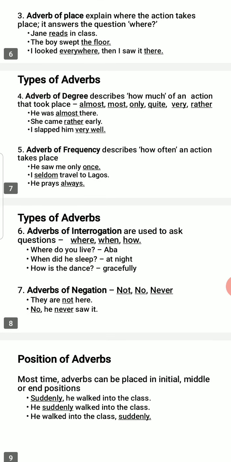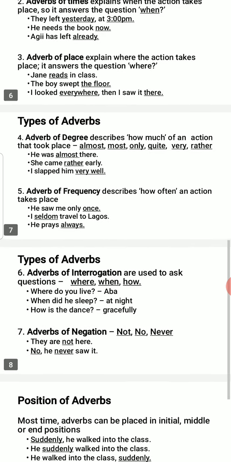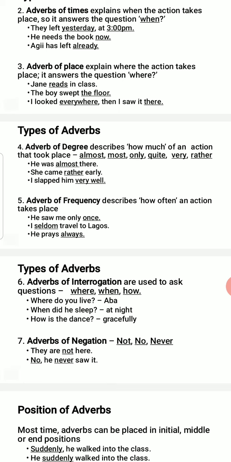Then I saw it where? There. So in this sentence, everywhere and there are the adverbs of place, where the action takes place.